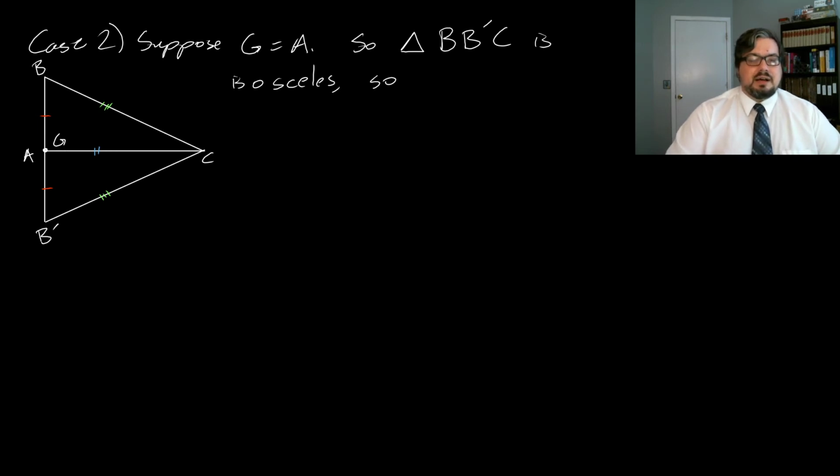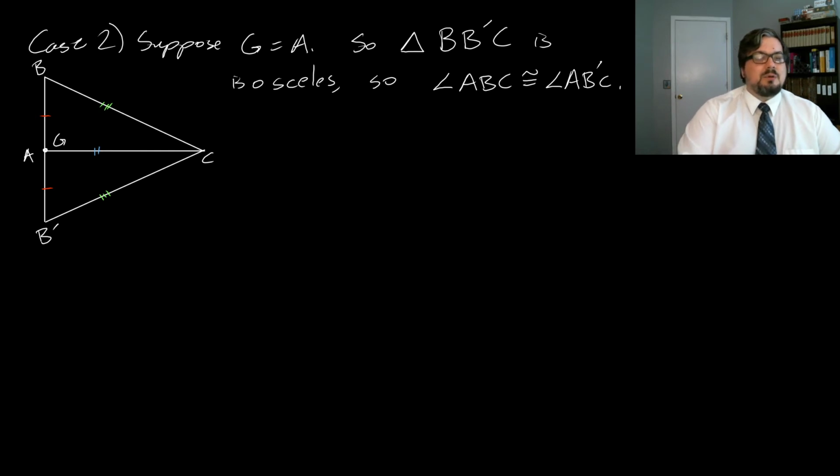So that means that the angle ABC is congruent to the angle AB'C. So we're using the whole big triangle that we've got here to conclude that the angle here at B and the angle here at B' are congruent because they're both opposite the green sides of the triangle.